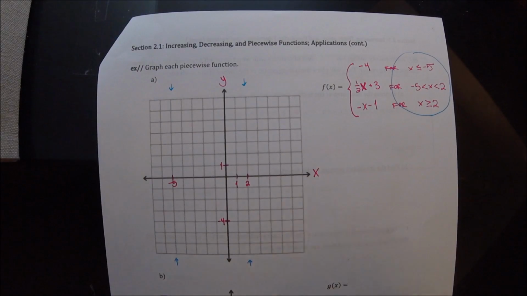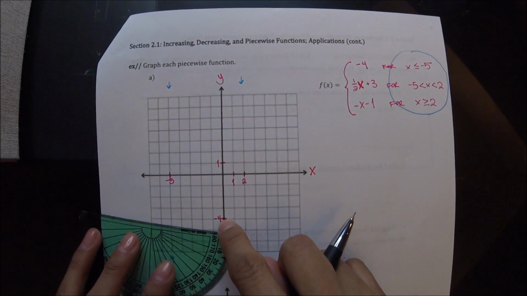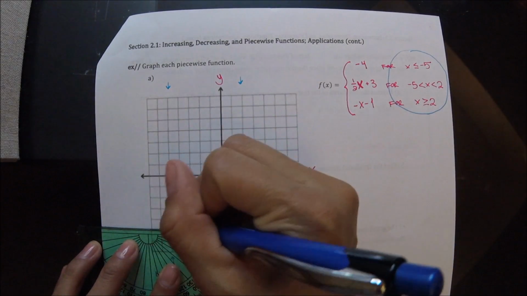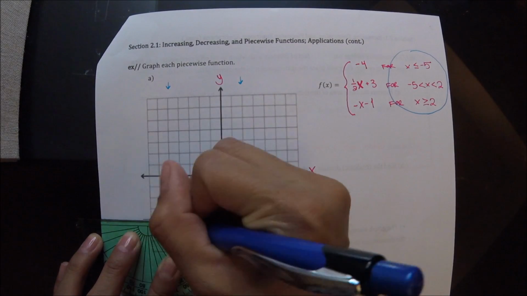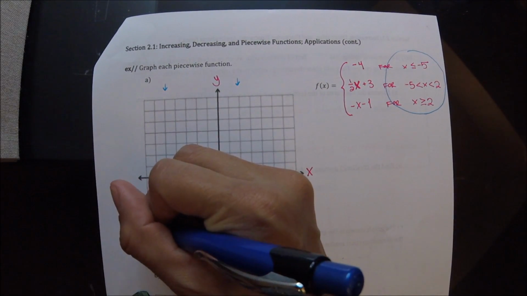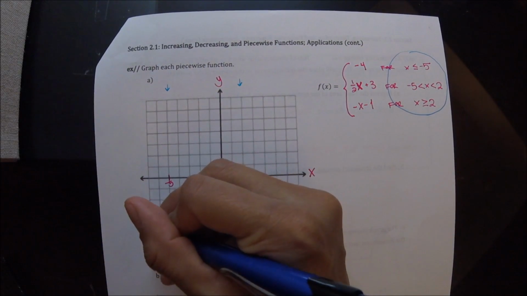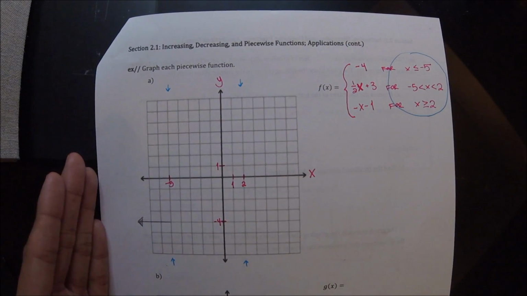Alright, so when y is -4, we're going to draw a horizontal line. So there's my horizontal line, and I'm only graphing it starting at -5 and going left.